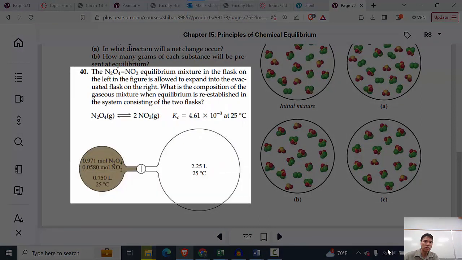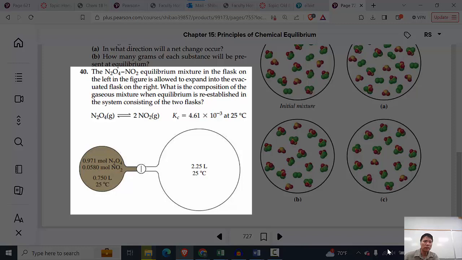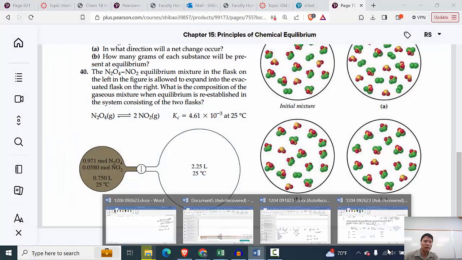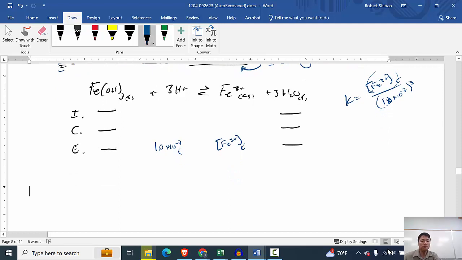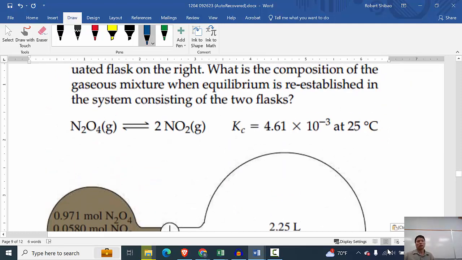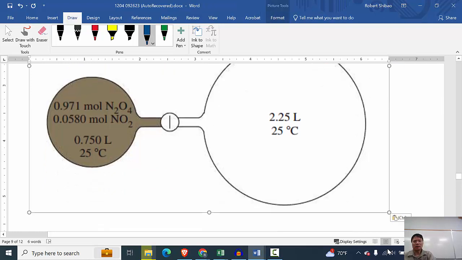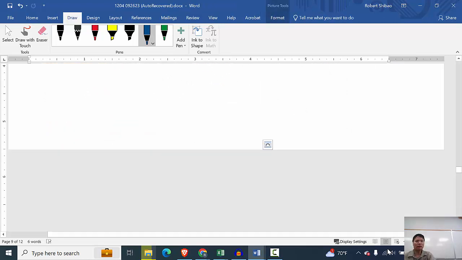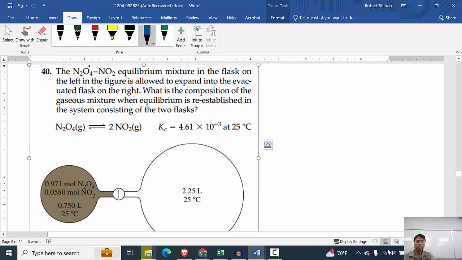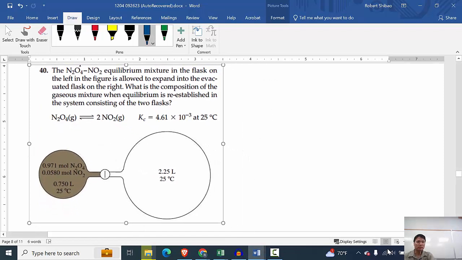We're going to perturb the equilibrium and then determine what happens and what the final state is going to be.